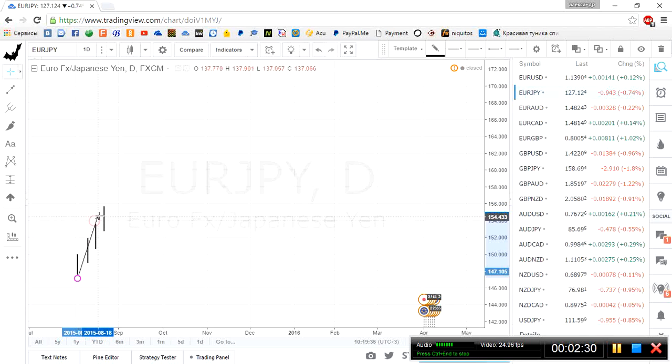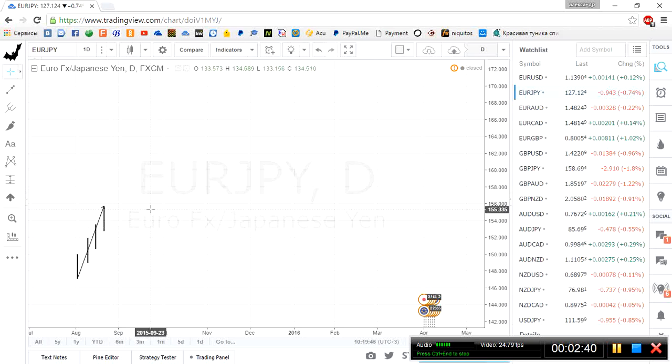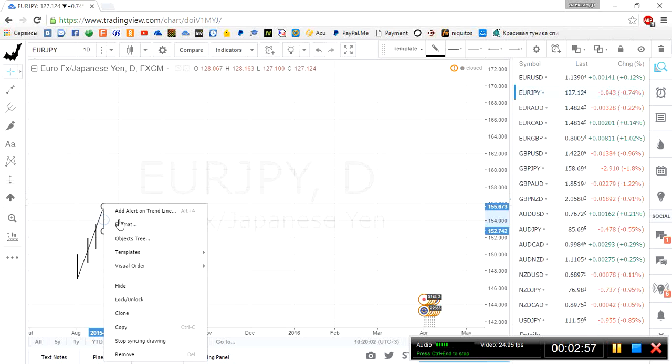So it doesn't matter what color of the candle we have, just highs and lows. Higher high, higher high, higher high, higher low, higher low, higher low. And the system says that the swing is continued until we have two lows, each below the previous low. Okay, let me show how it looks.